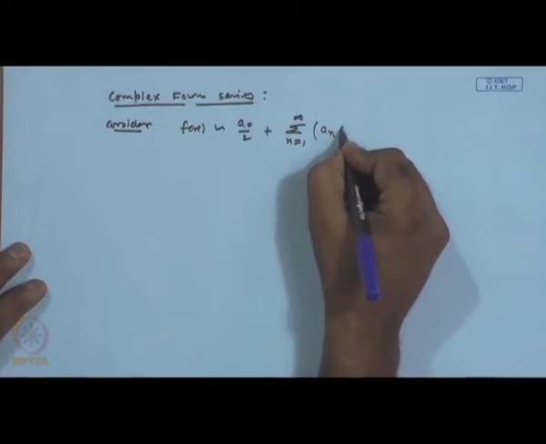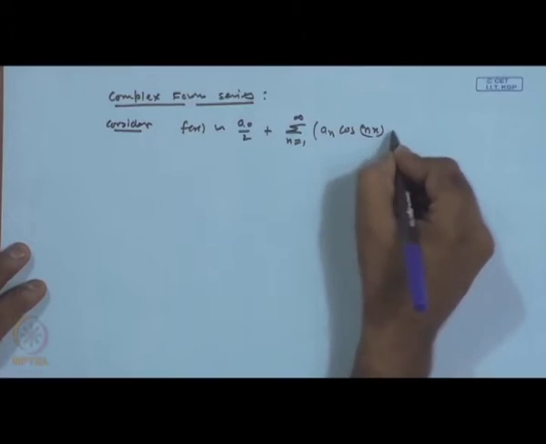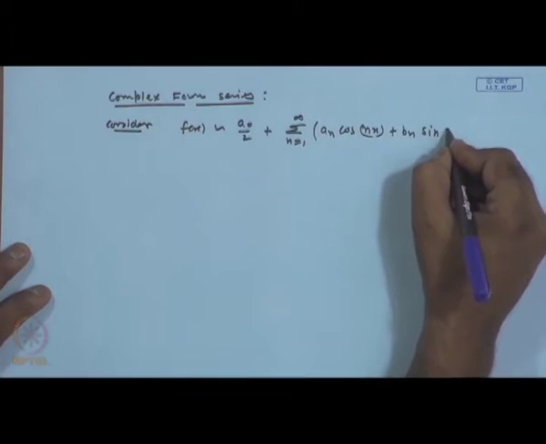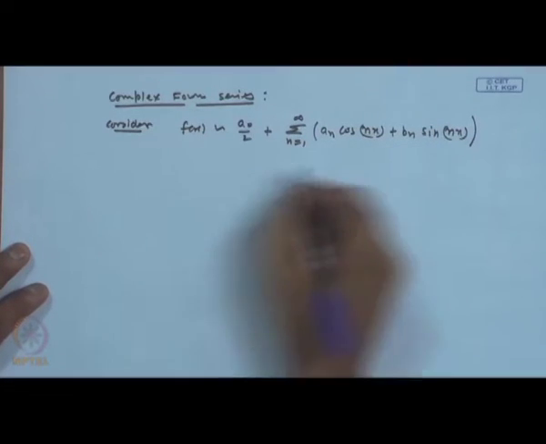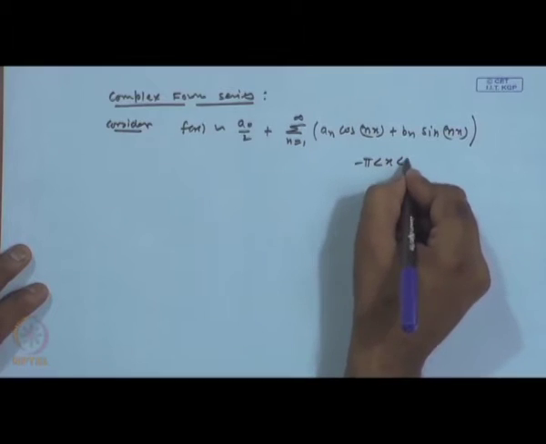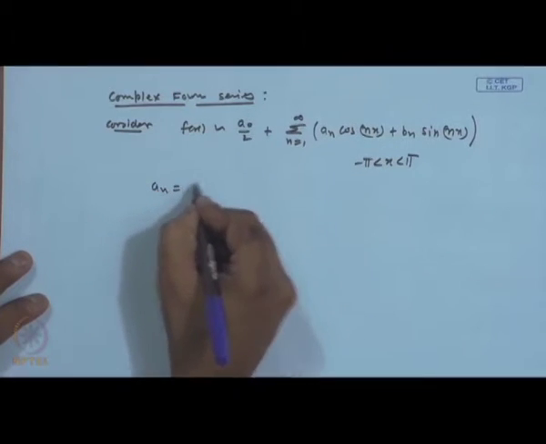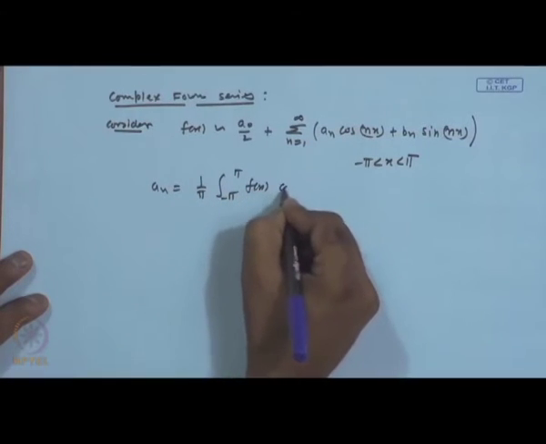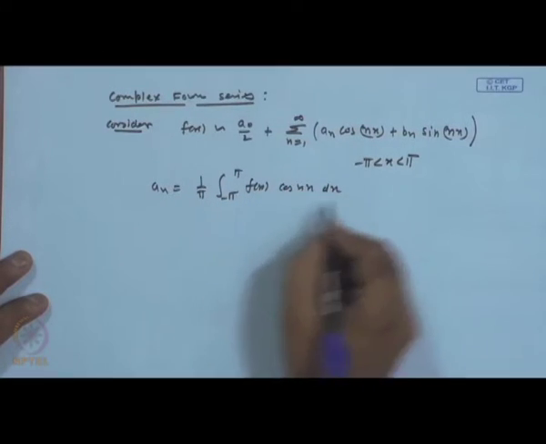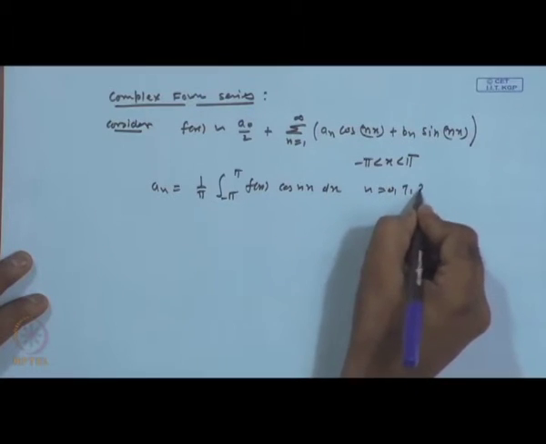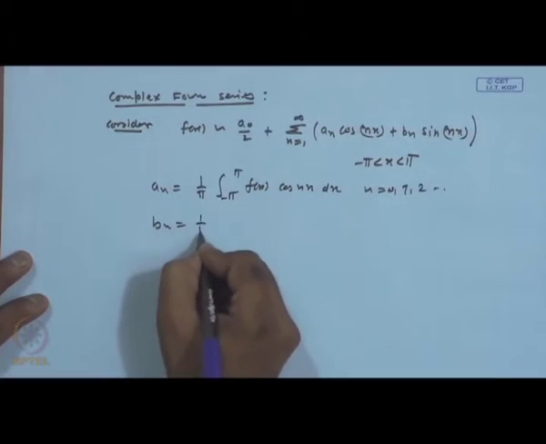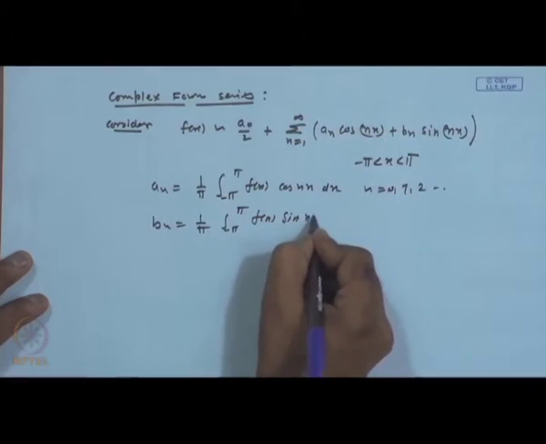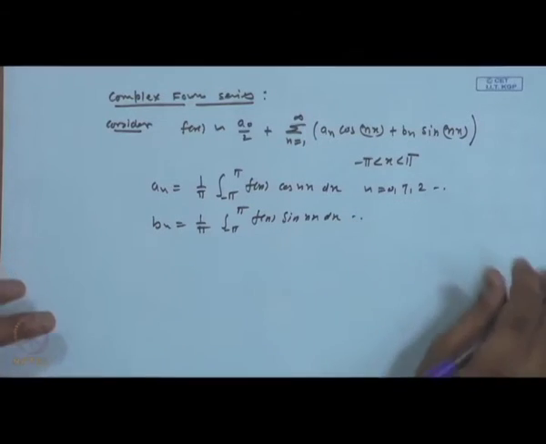So, f x is a naught over 2 plus sum of a n cos n x plus b n sin n x, from minus pi to pi, and with a n we have 1 over pi integral minus pi to pi of f x cos n x dx, n is 0, 1, 2, and we have b n, 1 over pi integral minus pi to pi of f x sin n x dx, n is 1, 2, 3.